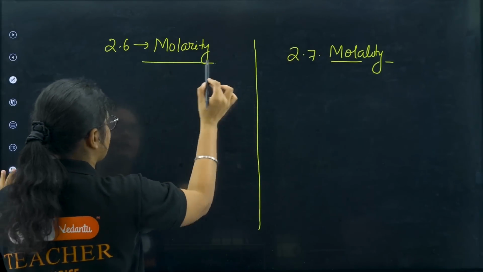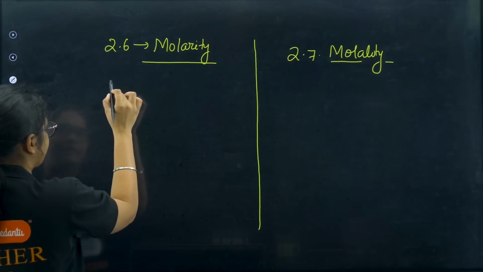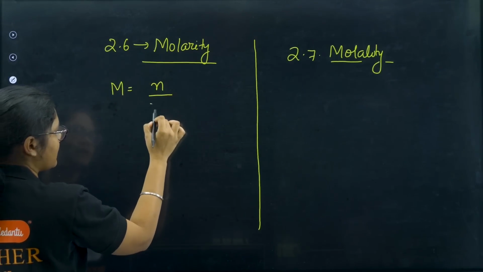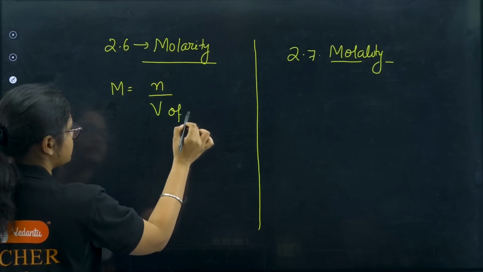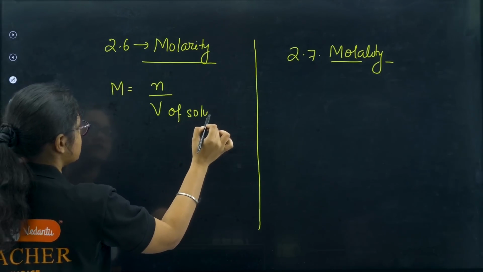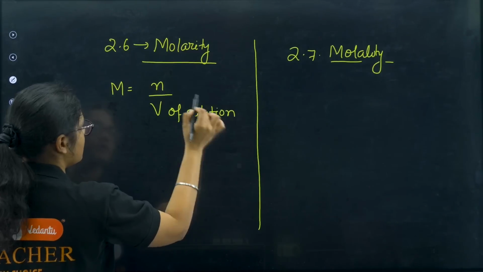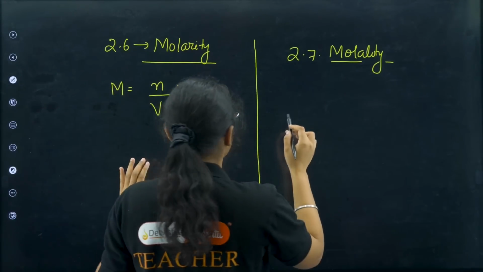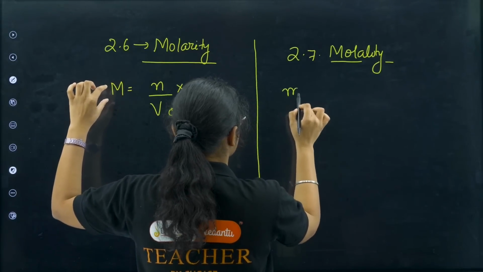Now what is molarity? I'll write just the formula because we don't want the definition in the exam. Number of moles by volume of solution, please mark here, volume of solution into 1000. Okay, molarity is denoted by capital M and molality is denoted by small m.